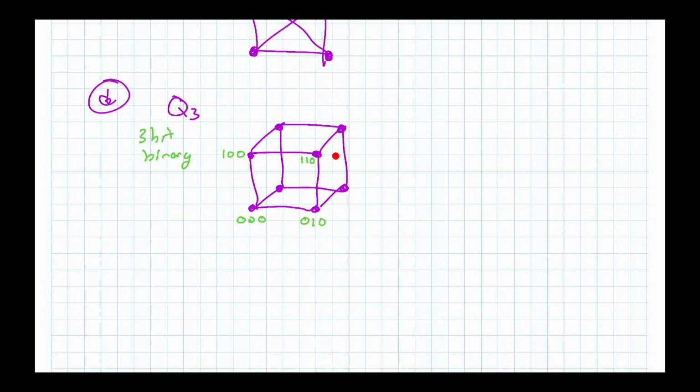So the square behind it has the same numberings, but the last digit is a 1. So like 1 0 1, because this is 1 0 0. So back here it's 1 0 1, and 1 1 0 becomes 1 1 1. 0 1 0 becomes 0 1 1. We're just changing the last digit to a 1.